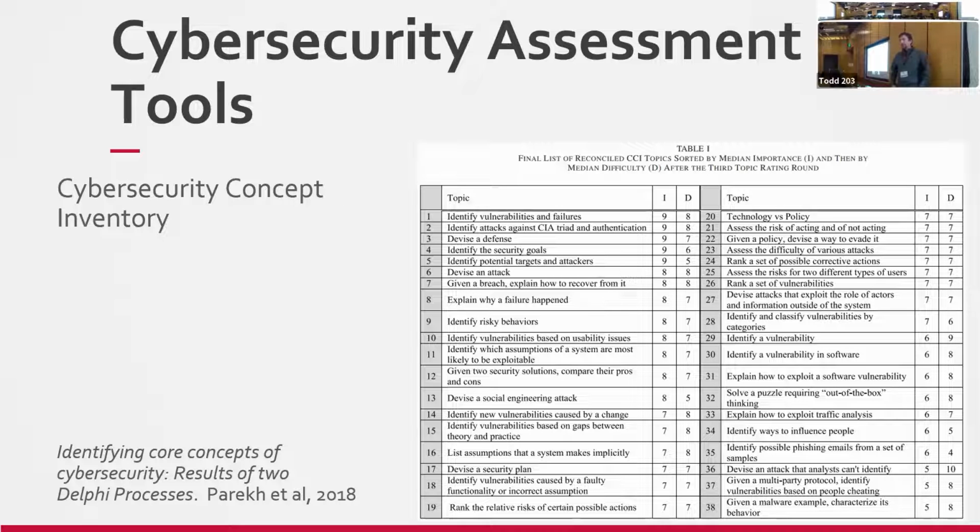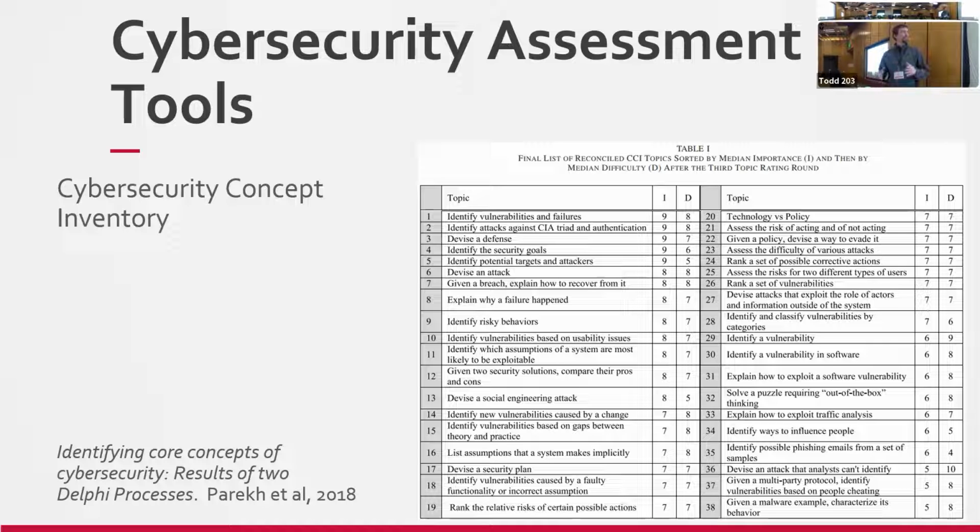Probably the most important aspect of the CCI, from our standpoint, is the list of important topics that they generated during their interviews with experts. If we just look at the top 5 as an example, these are: identify vulnerabilities and failures, identify attacks against the CIA triad and authentication, and we learned a little bit about what CIA is yesterday, devise a defense, identify the security goals, identify potential targets and attackers.